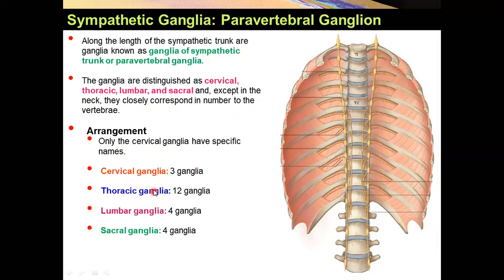But the thoracic ganglia, lumbar ganglia, and sacral ganglia are not specifically named. They are just known as thoracic, which are 12, lumbar, which are 4, and the sacral, which are 4 again in numbers.